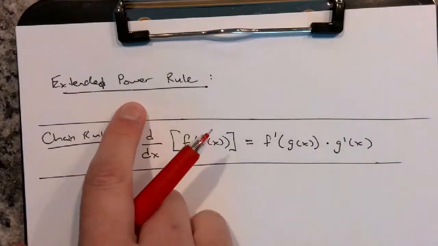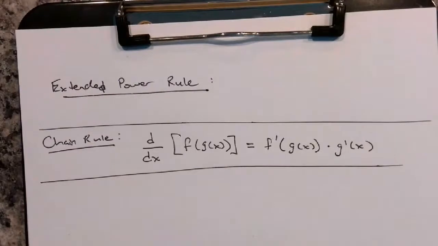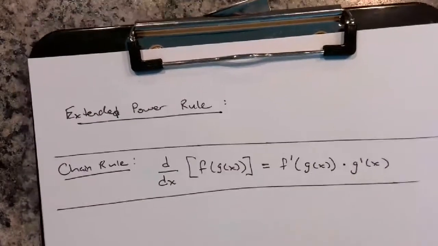So the extended power rule, which I'm writing above, really is going to be a variation of this.